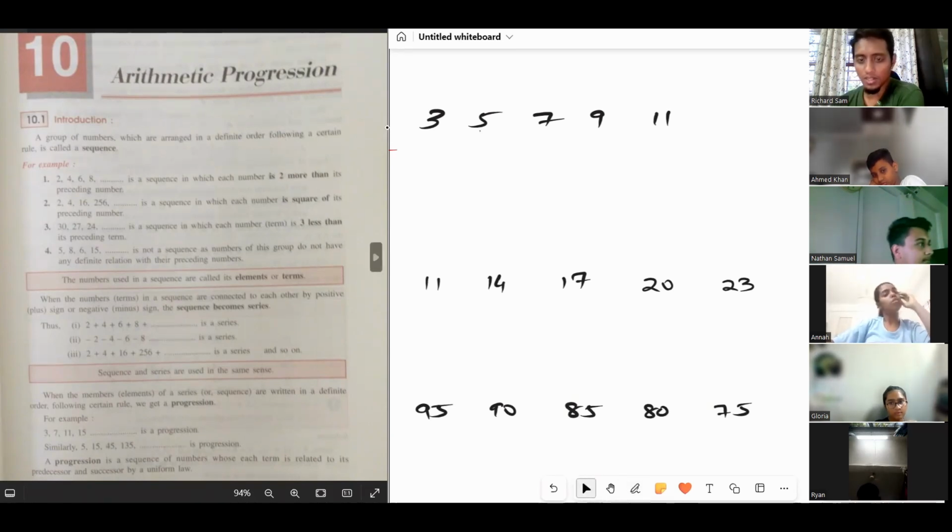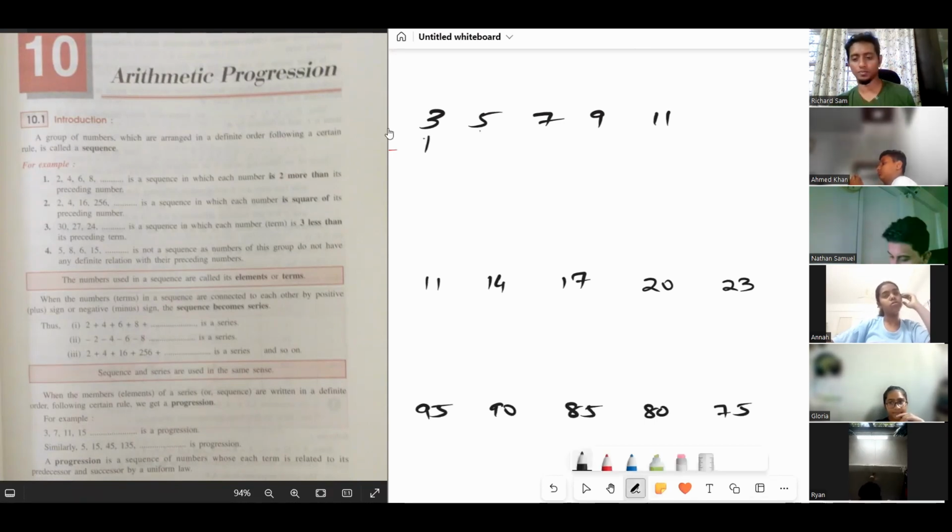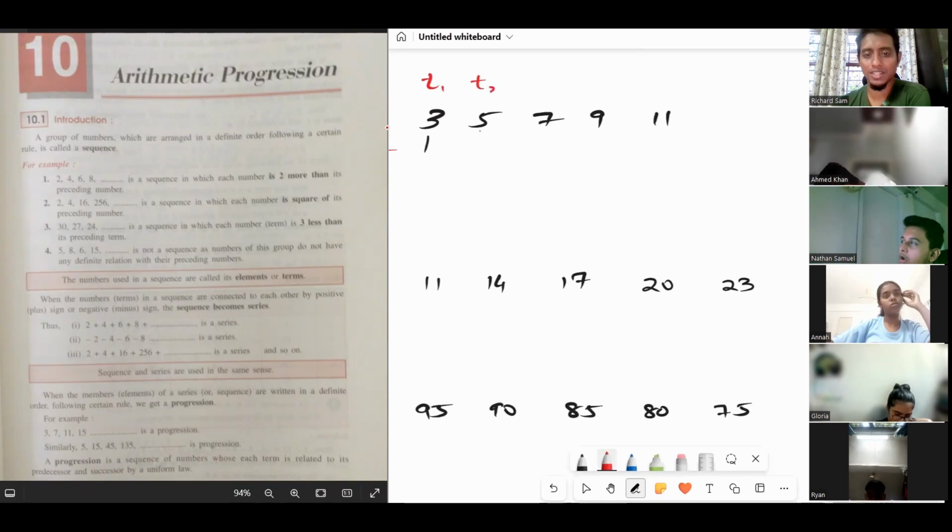Okay. So now let us look at the first progression again and learn some alphabets that we use to represent different things. By the way, the first term is called T1. Second term is called T2, T3, T4, T5, and so on. That is how we represent the terms.